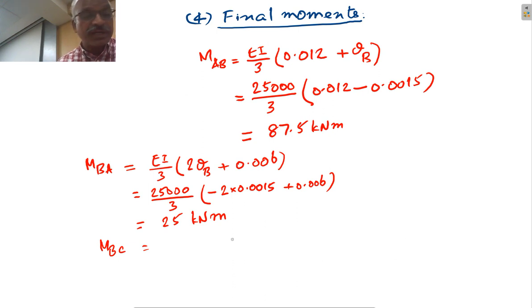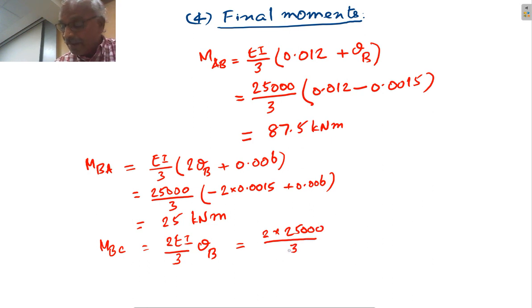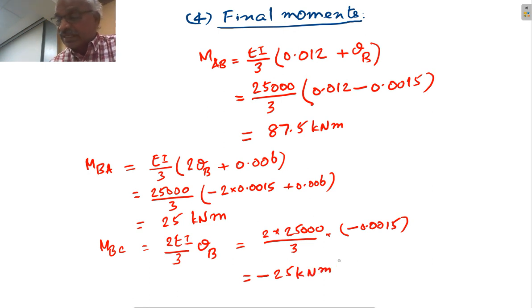So 2 EI by 3 into theta B equal to 2 into 25,000 by 3 into theta B, which is minus 0.0015. Therefore this value equal to minus 25 kilonewton meter, right?